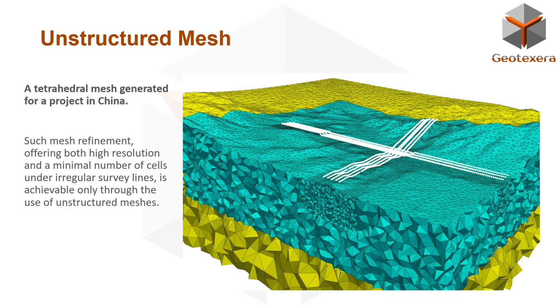So if you want to refine the cell size under this survey to have a better resolution of the inversion, it was almost, I cannot say impossible, using the structured mesh, because you need to make a lot of small cells. Again, it would be very expensive, but using unstructured mesh, we were able to refine the cell size under the survey line and have perfect control on the cell size and the resolution of the inversion.